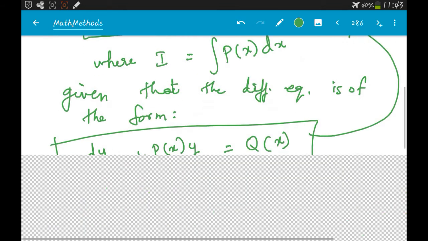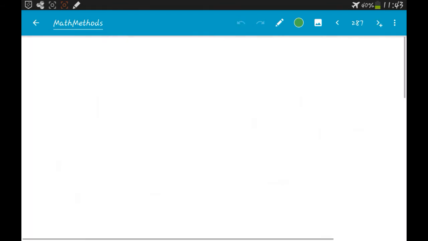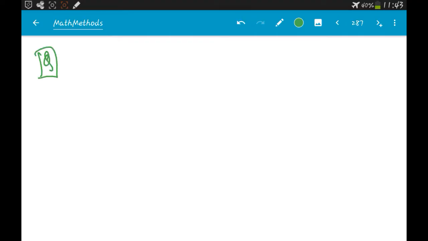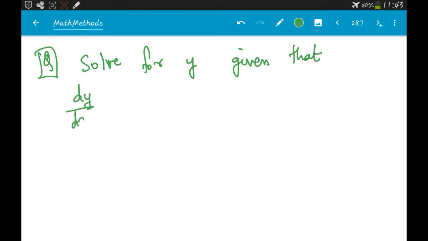Now let's do a problem so that you understand better. Solve for y given that dy by dx plus y is equal to e power x. This is obviously non-separable; even if you take y below or anything like that, it will not be separable.